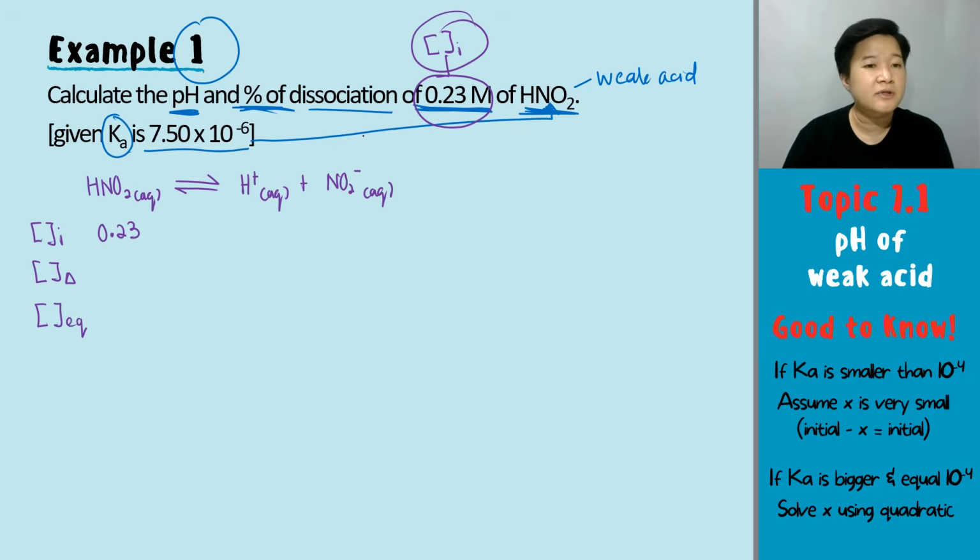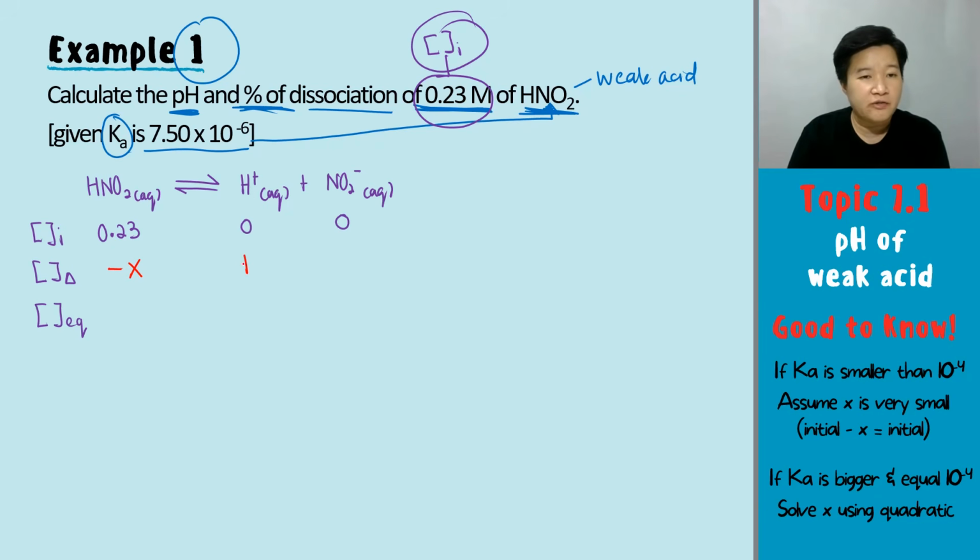Remember the initial is given there. So your product right now is 0. I don't have the product. Okay? So when you don't have the product, what happened to the changes? Since your HNO2 is a reactant over here, and it will dissociate when the reaction started, therefore the change will be minus X. Minus represent it has been used or reacted.